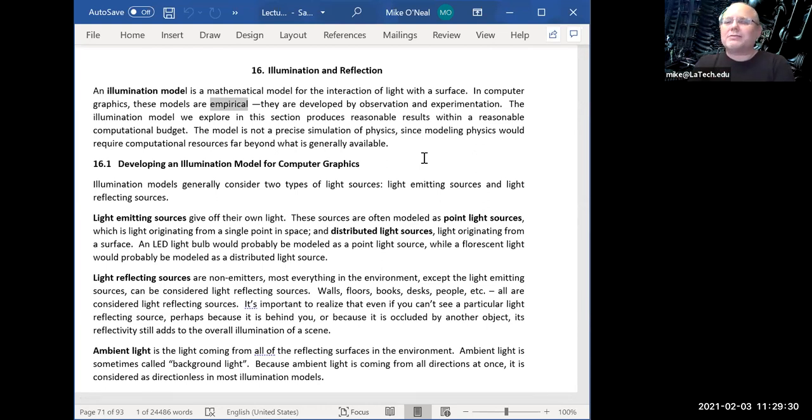They're the low-class proletarian models, because physicists would prefer something that has some kind of formal theory behind it, based more on first principles, rather than something where I fiddled around with it and got it to work. So that's what the word empirical means: developed by observation and experimentation. I tinkered until I got something that worked pretty well. Don't ask me why it works. I don't necessarily have a theory for why it works, but it works.